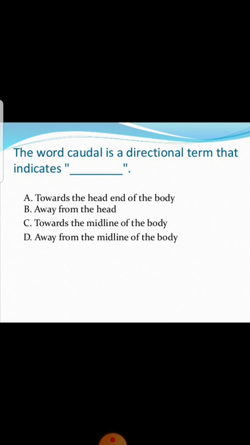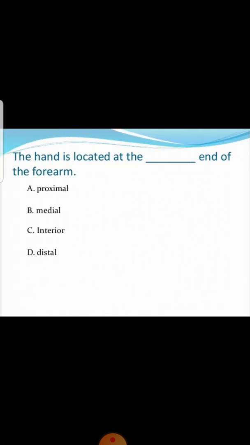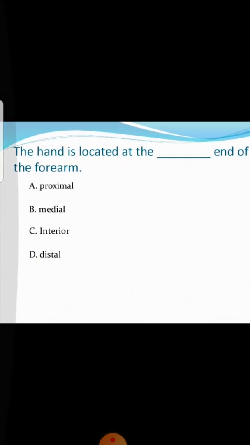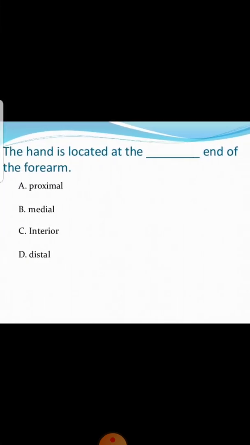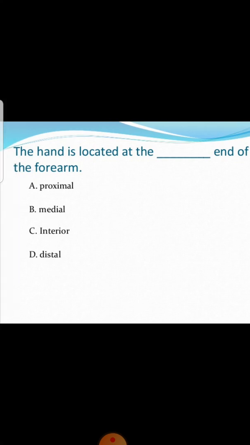Okay, next question is that the hand is located at the dash end of the forearm. Okay, so we know that the forearm will end at the origin of your hand.